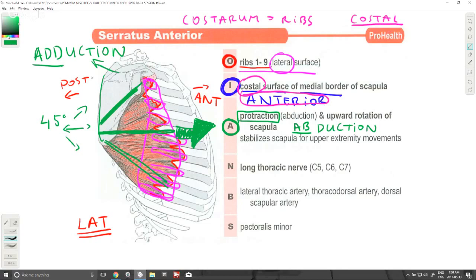Those were rhomboids, right? So rhomboids basically contract against serratus anterior. It's like tug of war, right? So it's like they are pulling the rope. Okay, tug of war. The rhomboids on one side and serratus anterior on the other side.